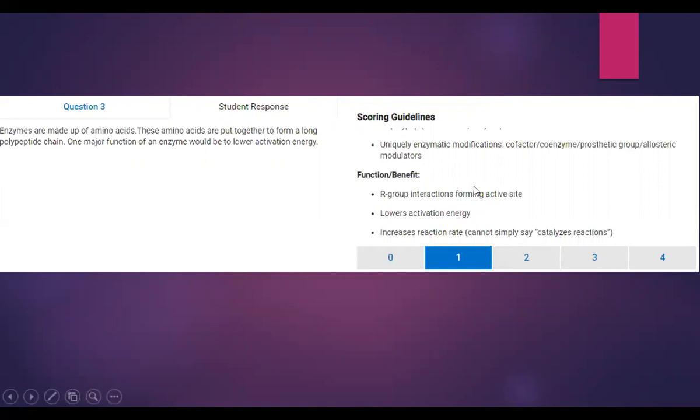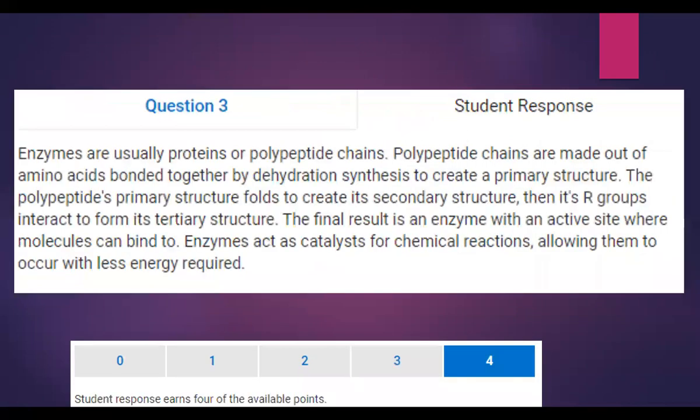Now, the reason they didn't get that is because this is a describe question. So you are not describing if you're stating what's in the scoring guideline. That's an identify or a state. They're asking you for a description. So one function would be to lower the activation energy and then go into why or how, or give me some explanation there. So this person earned the first structure point.